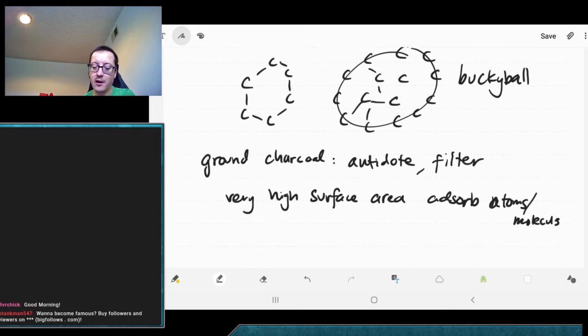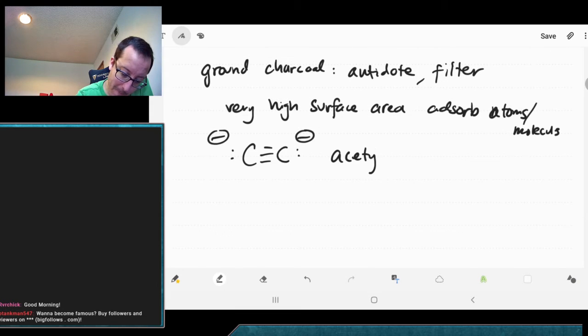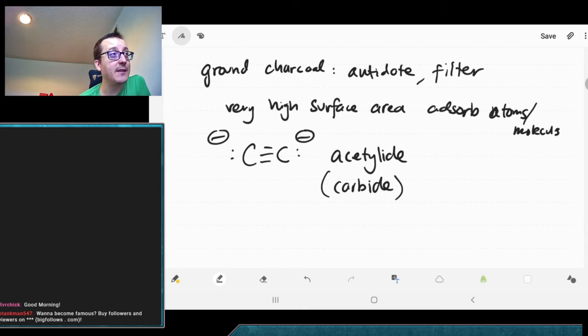Let's see what else about carbon. Honestly, we're going to talk about it in OChem, so forget it. Carbonates, bicarbonates are important. Carbides are something we haven't talked about though. The acetylide ion is actually quite basic, and so it can be used as a base.